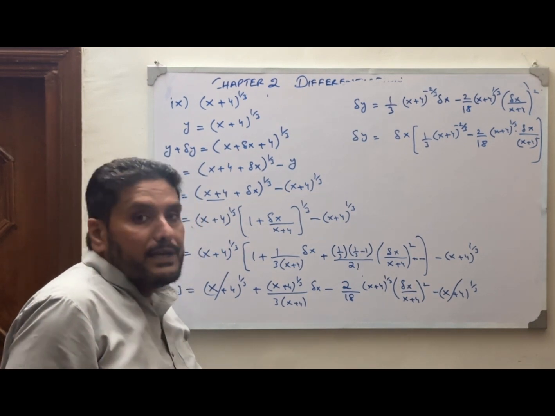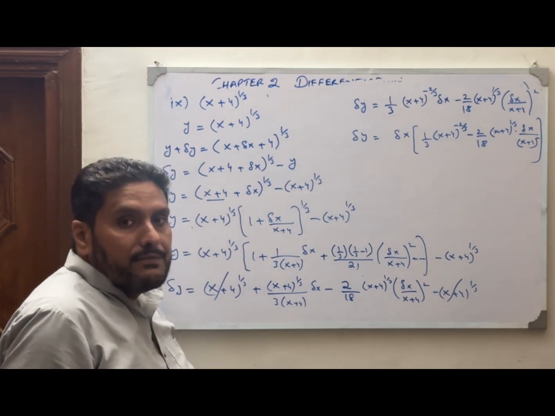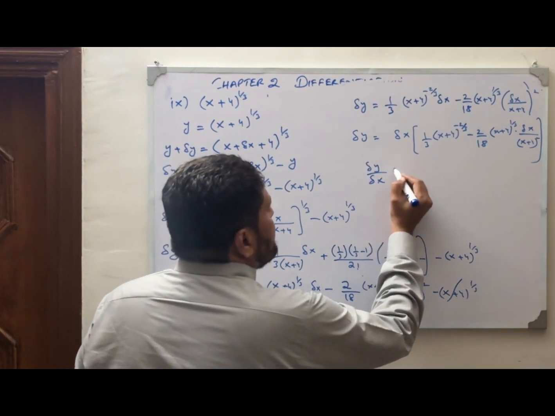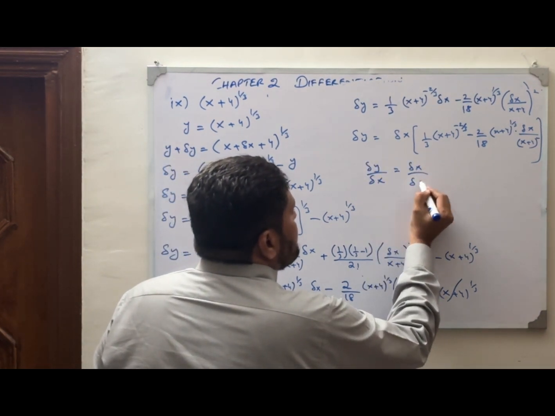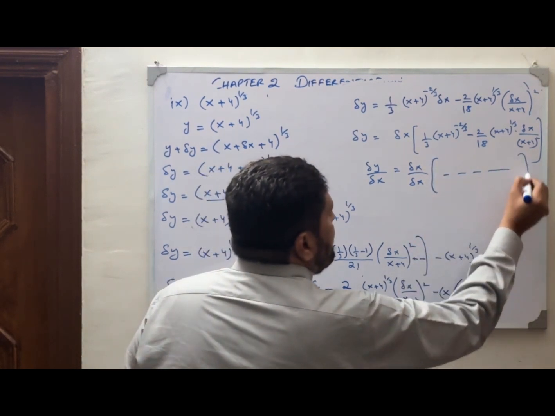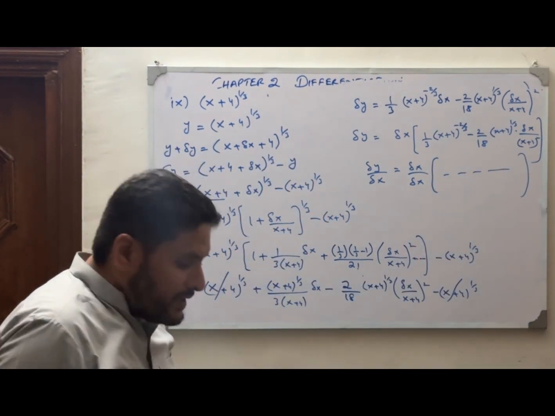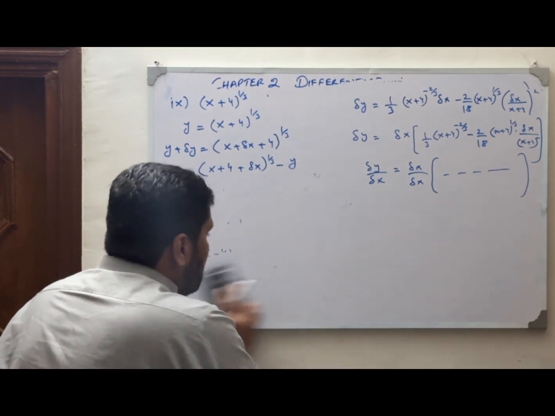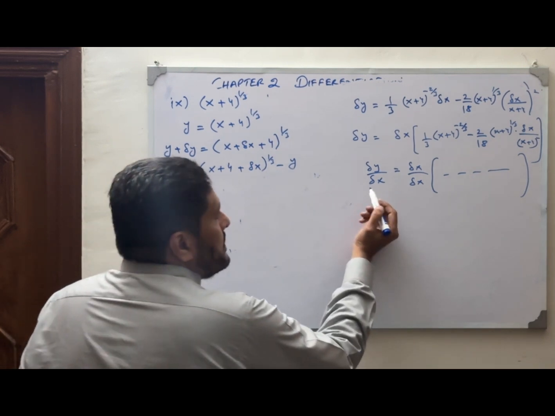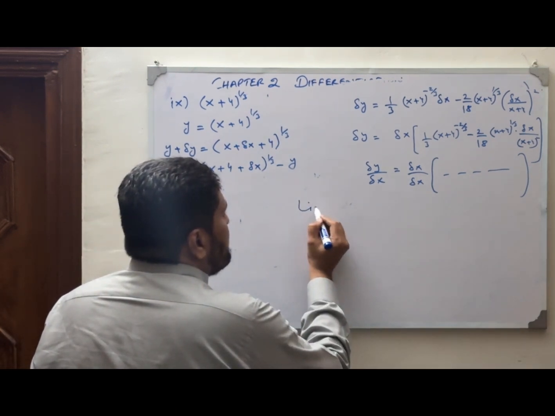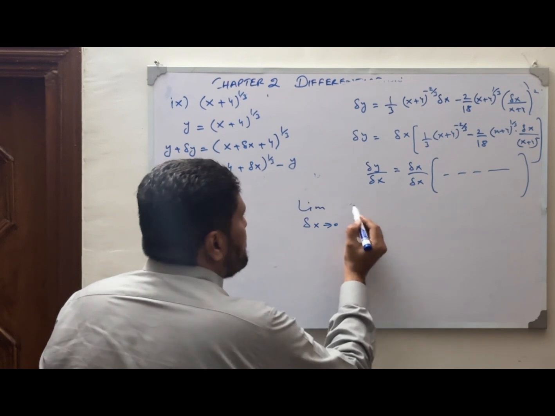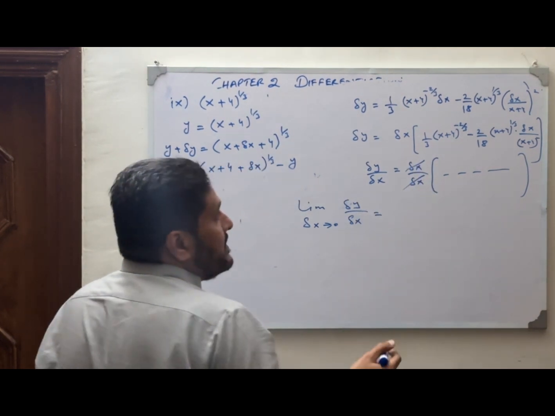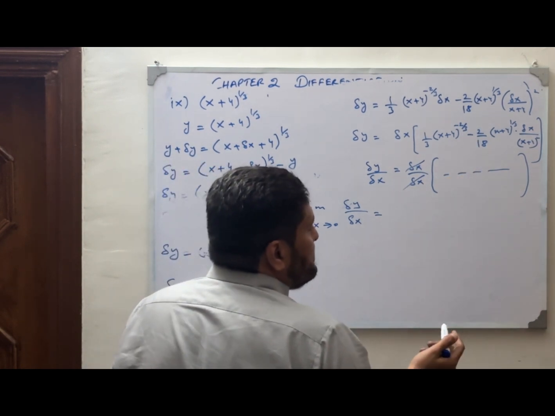Now dividing both sides by delta x by using step 3, we have delta y by delta x equal to delta x by delta x into this whole term, that we wrote earlier. So now applying the limit on both sides of the equation, we have limit delta x approaches 0, delta y by delta x equal to, this will be cancelled, so we have these two terms remaining.